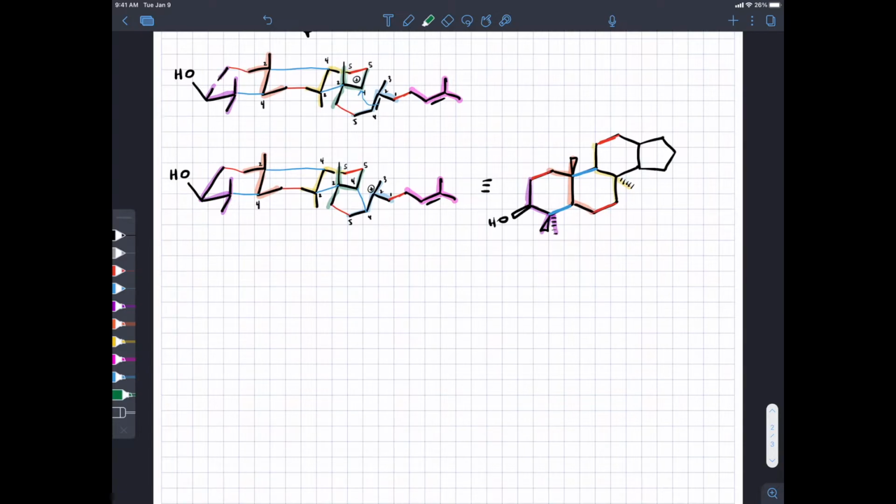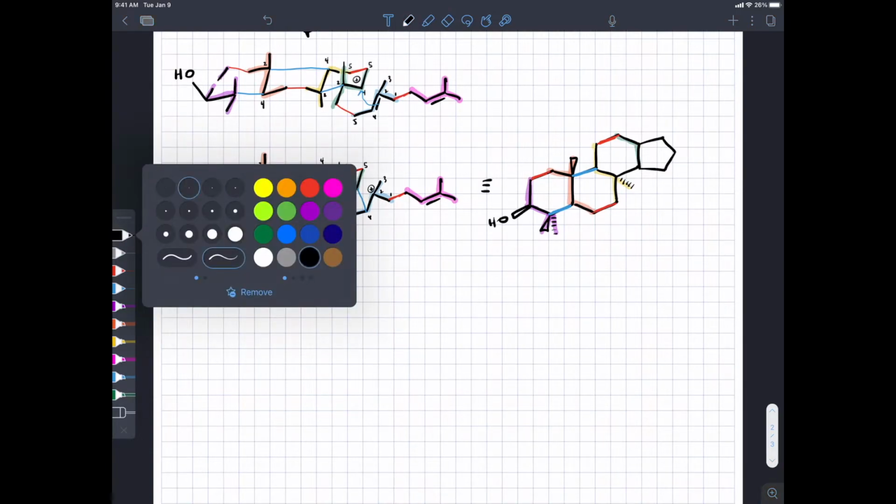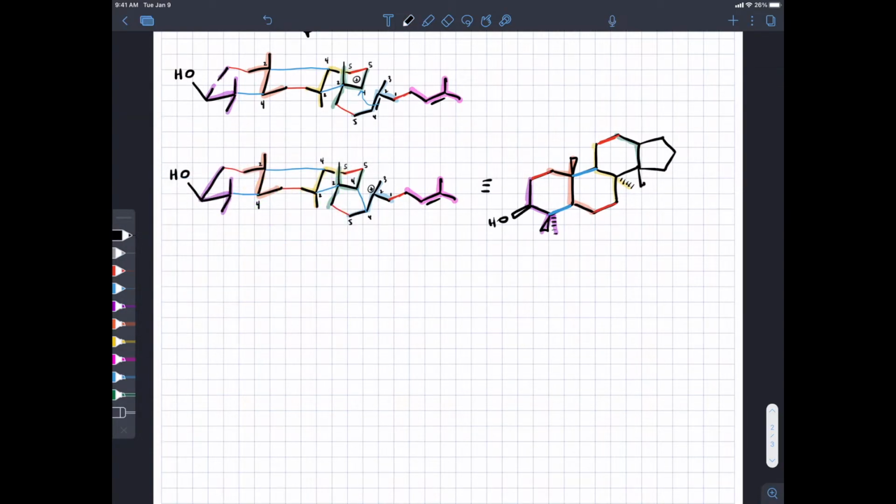Let's see, what else have I missed? 5, 4, sorry, there's an up methyl group here. Then there's a bond between isoprene units. Five, 4.